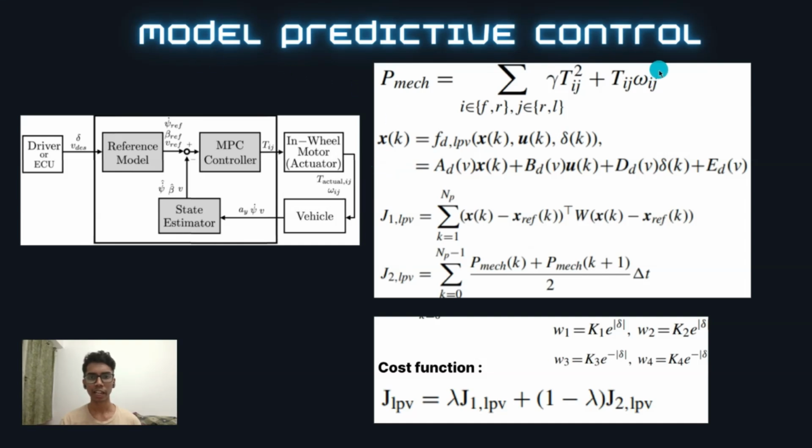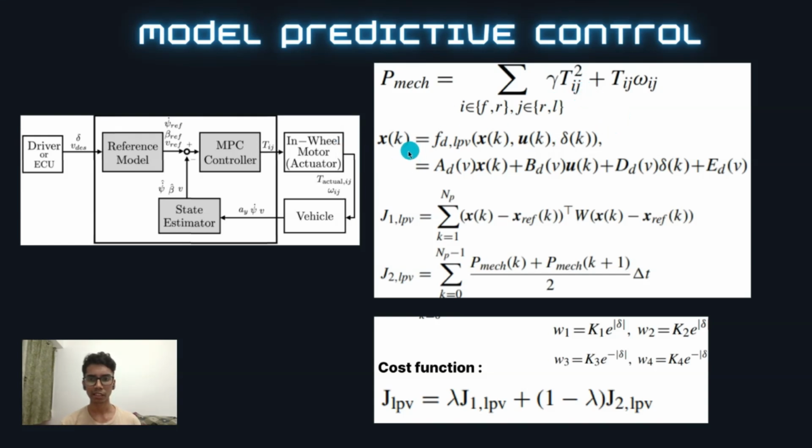MPC is a high accuracy model which also considers the future state, and thus it gives a very fast response. In this paper, it tries to minimize both the power consumption and also provide maximum cornering stability. In the linear MPC model, we consider the mechanical power delivered to the motors, which is torque times omega, and add this term in for convexity of the function.